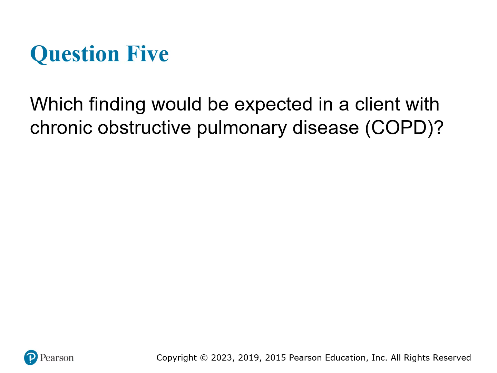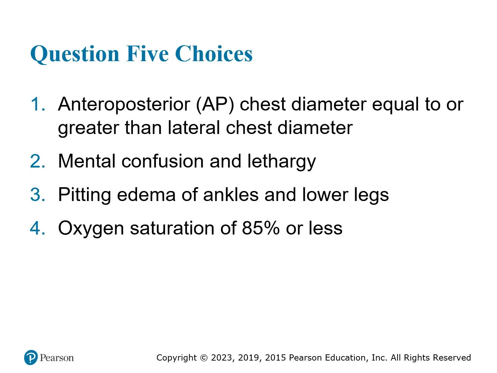Question number 5. Which finding would be expected in a client with chronic obstructive pulmonary disease, or COPD? Your choices are: number 1, anterior-posterior (AP) chest diameter equal to or greater than lateral chest diameter.